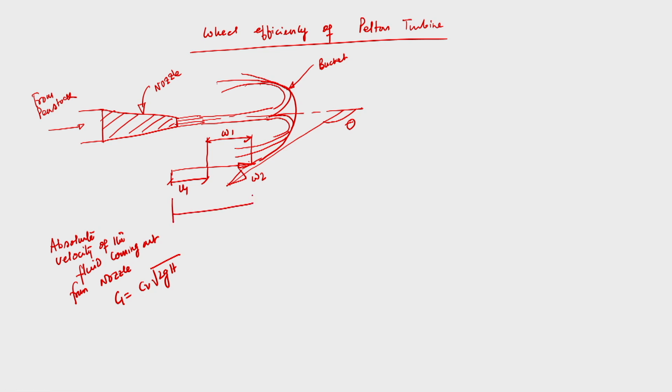So this is C1, which is equal to C theta 1. So this is the inlet velocity triangle.